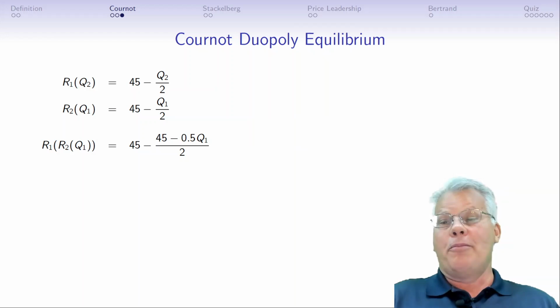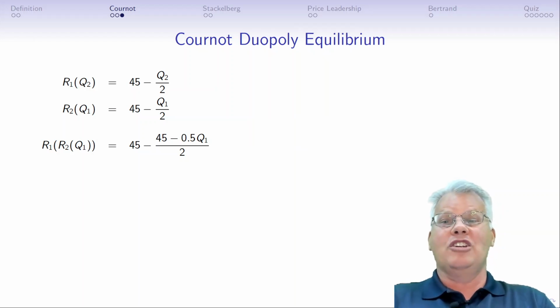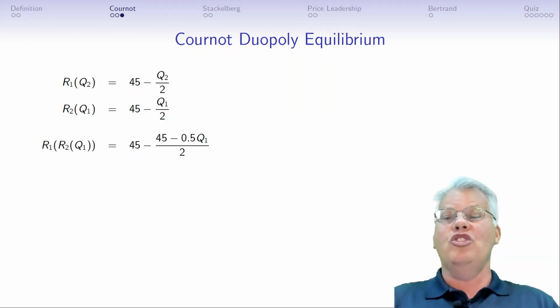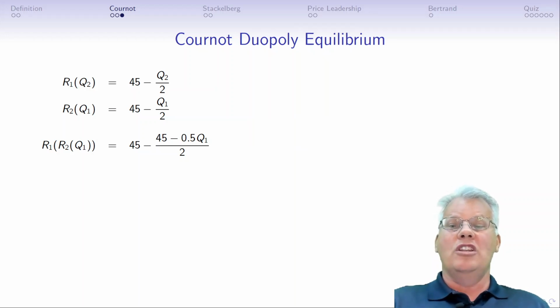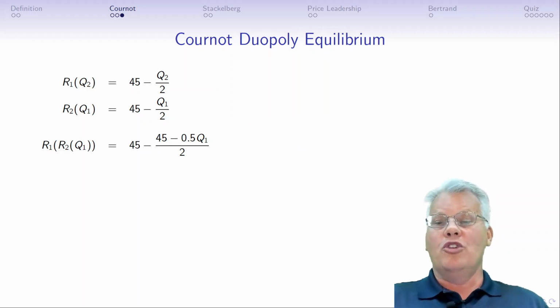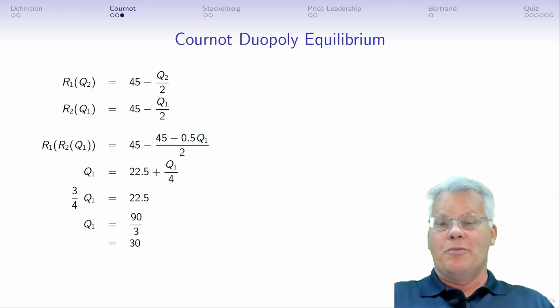And the way I operationalize that is I took the firm 1 reaction function and substituted the firm 2 reaction function in for Q2. Okay. So now I have a single equation with a single unknown variable Q1, and I can just do simple algebra, rearrange it, and solve for Q1.